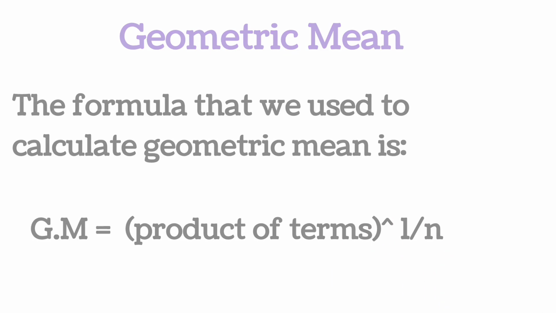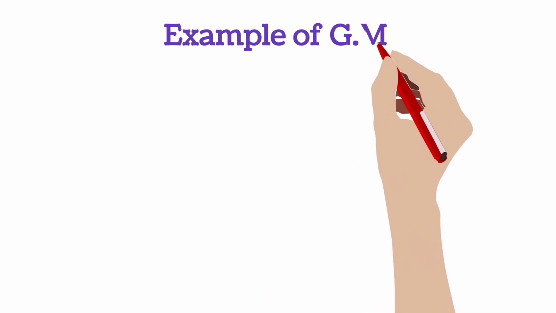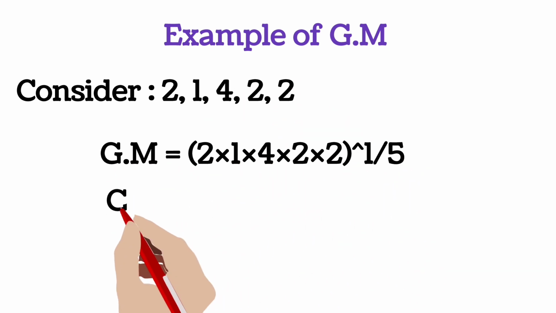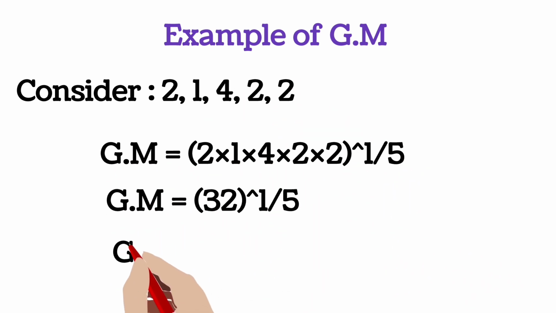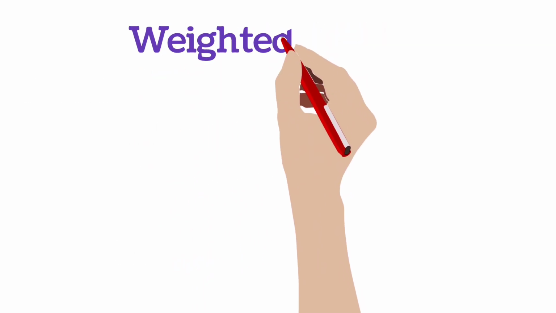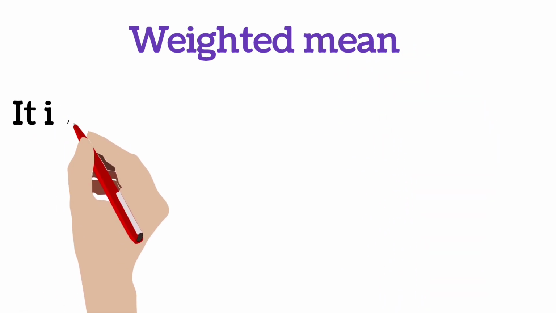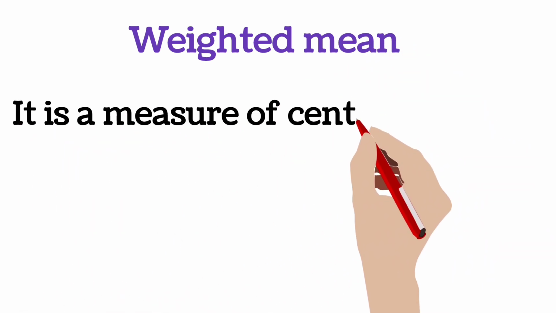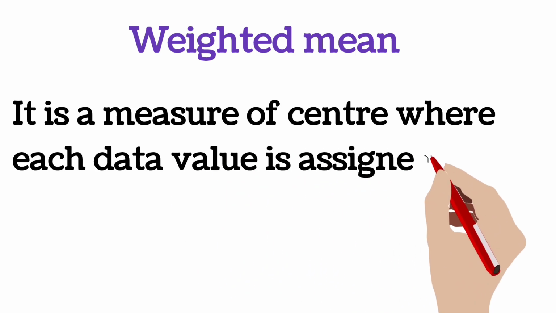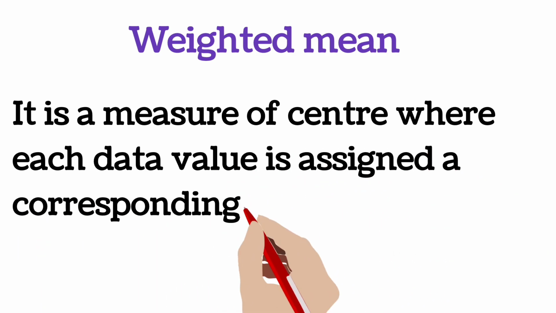If we take an example by considering any 5 numbers, we multiply those numbers and take the 5th root, that is the power of 1 over the total numbers, and easily calculate our geometric mean. The last one is the weighted mean. It is a measure of center in which each data value is assigned a corresponding weight.